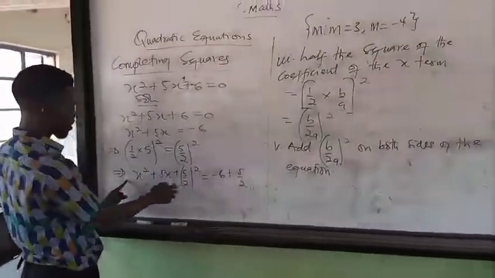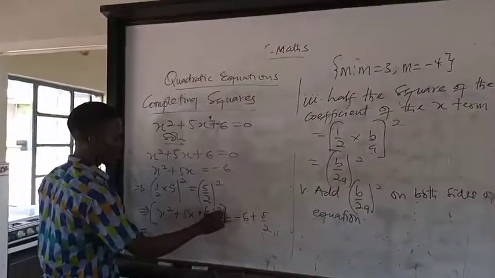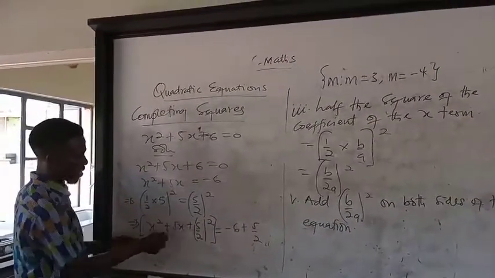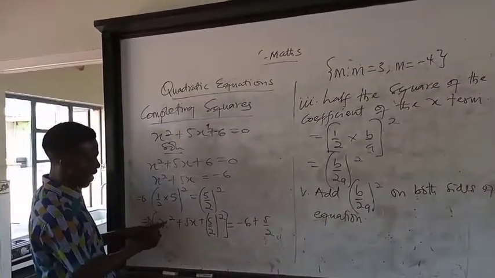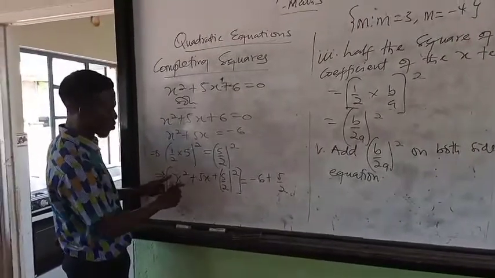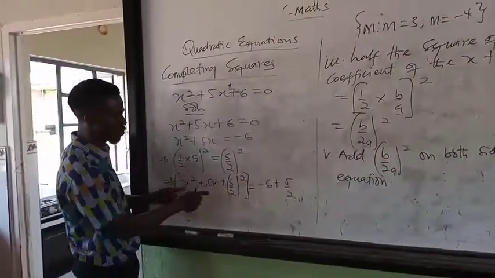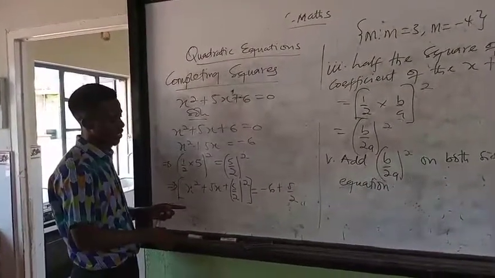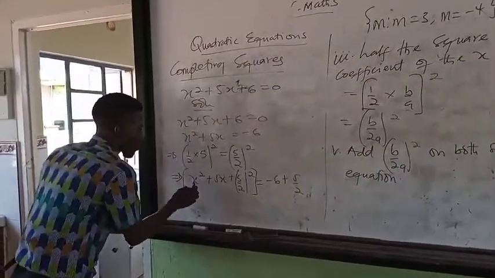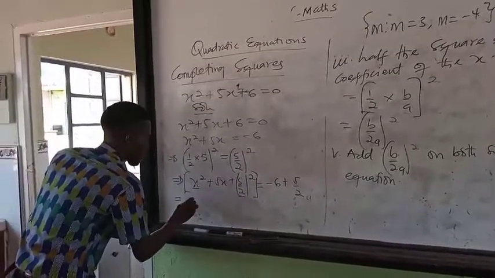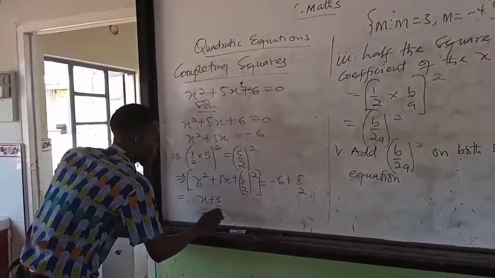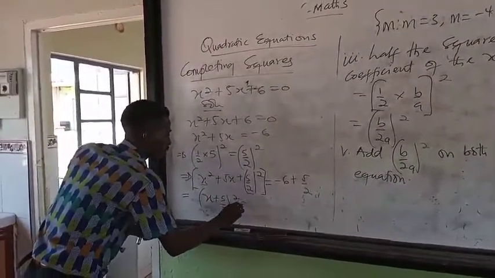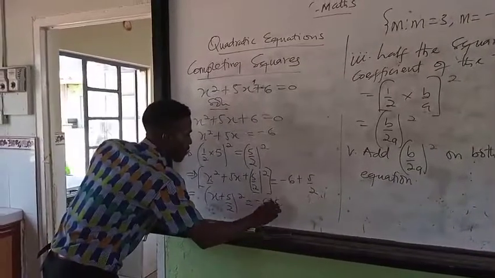Now this thing you see here means that when I add this to that, the square of x plus 5 on 2 squared will give me x squared plus 5x plus (5 on 2) squared. That's the number. So we are going to pick this and that. We have x plus 5 on 2 all squared is equal to negative 6 plus 5 on 2.